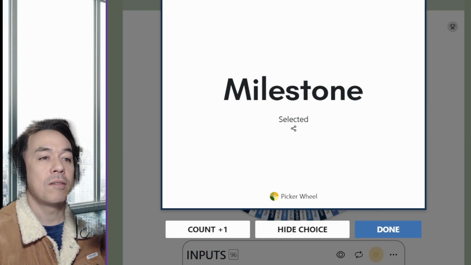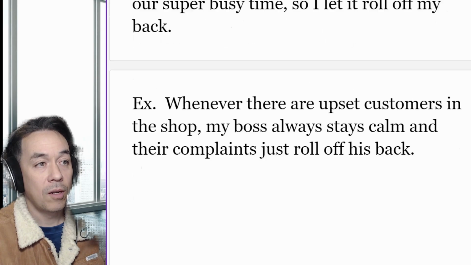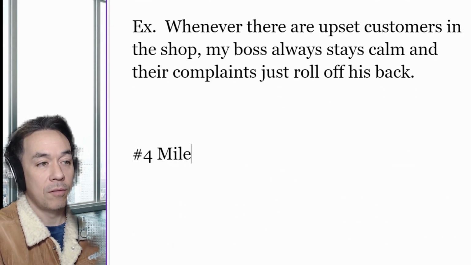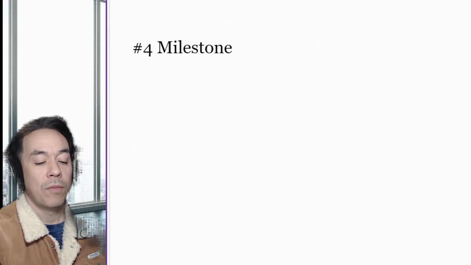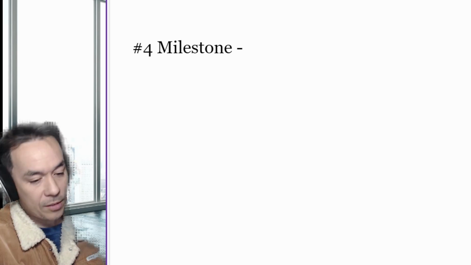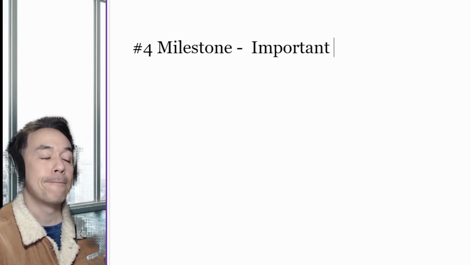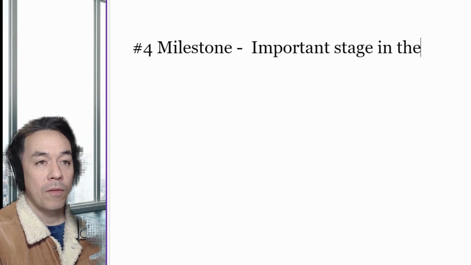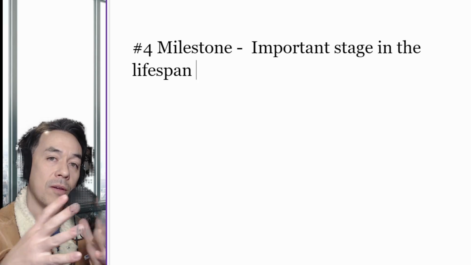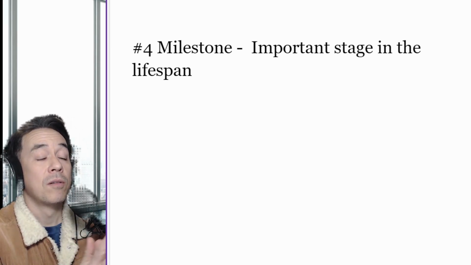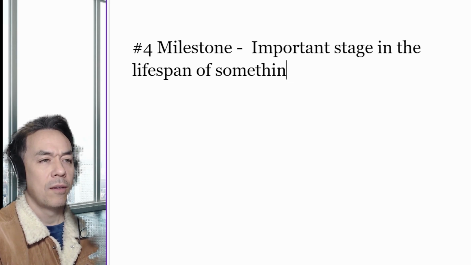Milestone. Okay, yeah, that's a good one. Number 4. What's a milestone? I would say a milestone is, I don't want to use that word. So it's an important stage in the lifespan, or a long time, the lifespan of something.